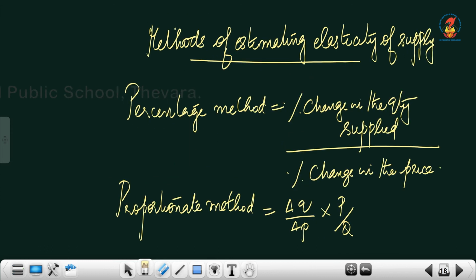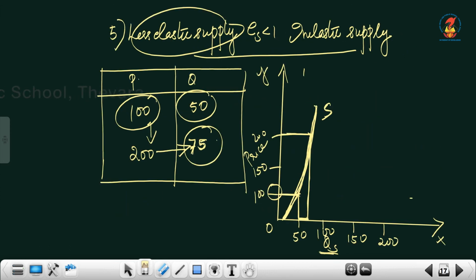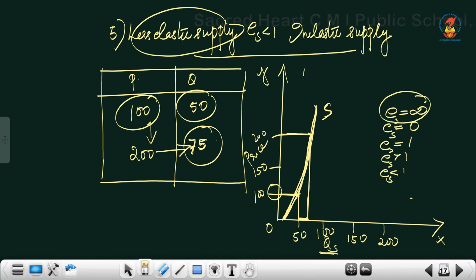Okay. Now these are the 5 degrees of price elasticity of supply: elasticity equal to infinity, elasticity equal to 0, elasticity equal to 1, elasticity greater than 1, elasticity less than 1. I mean elasticity of supply. Elasticity of supply is equal to infinity when more is supplied at the same price. Elasticity of supply is equal to 0 when the same quantity is supplied at different prices.